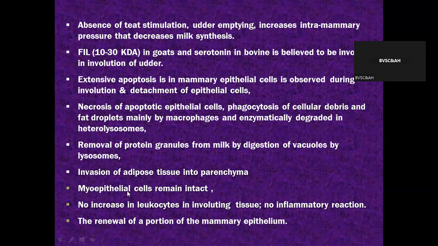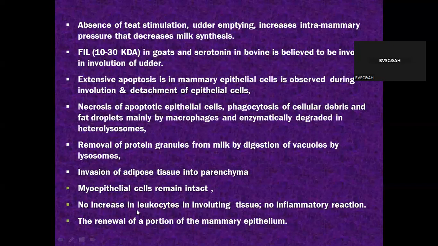One of the important things during involution is that most of these epithelial cells get denuded, get apoptotic, vanish, and even the stromal tissue gets reduced. But the important thing is that myoepithelial cells remain intact. They don't get abolished or removed.